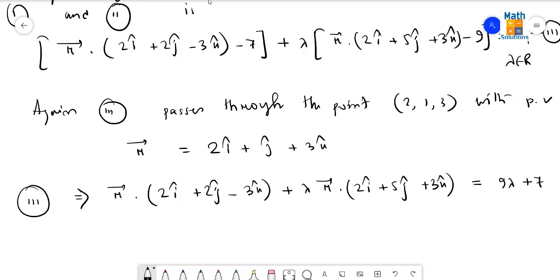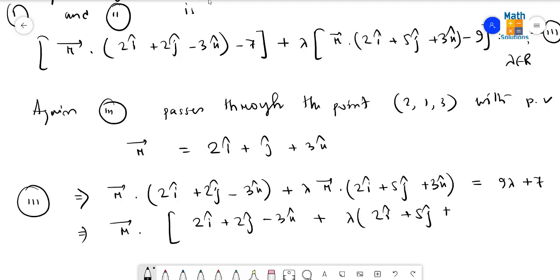So here r can be taken common. So after this I can write (2i cap + 2j cap minus 3k cap) plus lambda (2i cap + 5j cap + 3k cap), this is nothing but the simplification of equation 3, that is equal to 9 lambda plus 7.